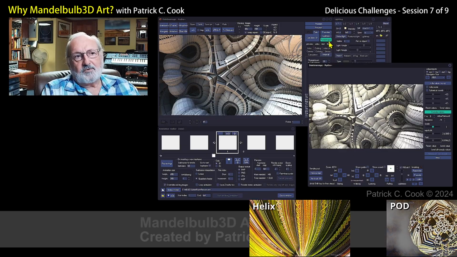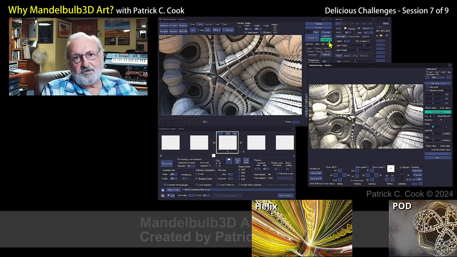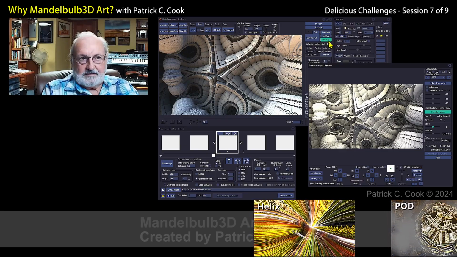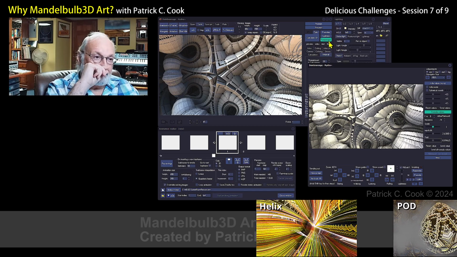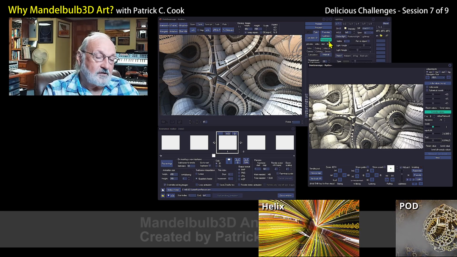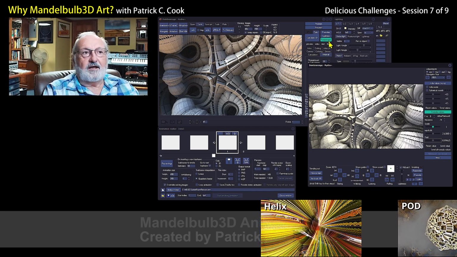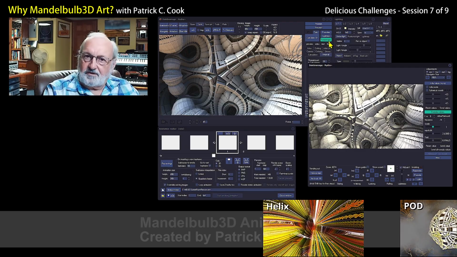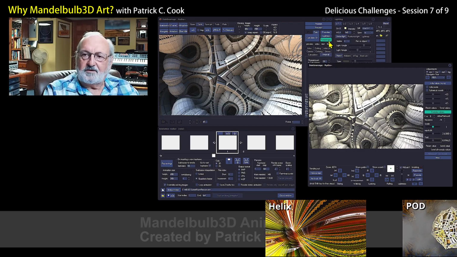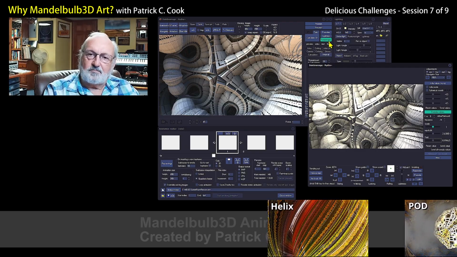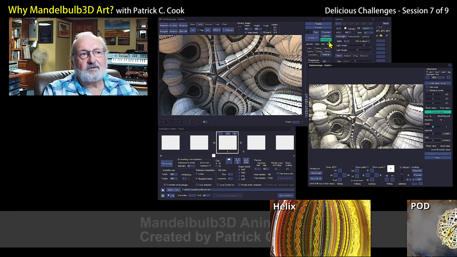But the Mandelbulb 3D application is challenging technically, logistically, artistically, and it's a delicious challenge. You get lost in the process of discovery.